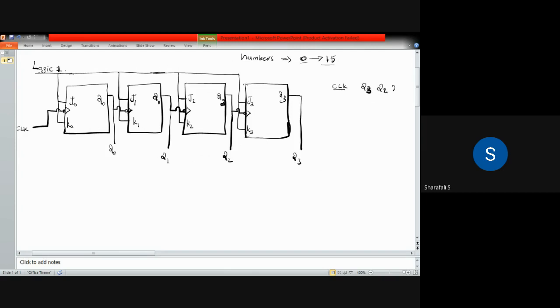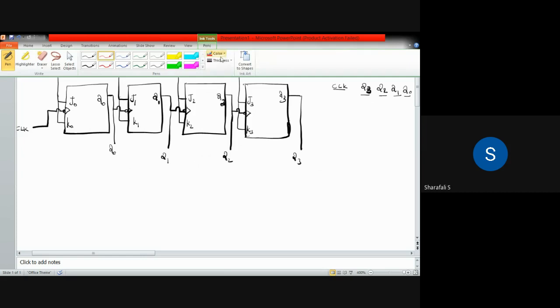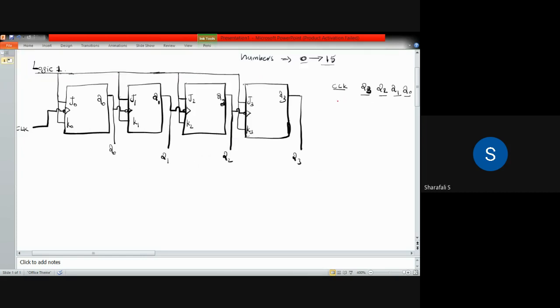So let us consider initially all the values are 0.